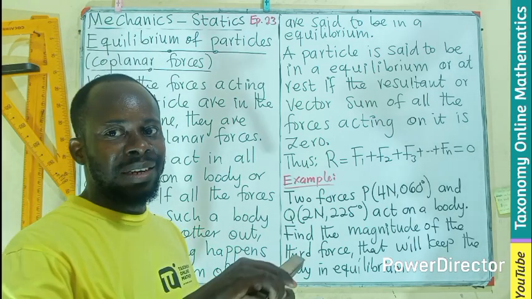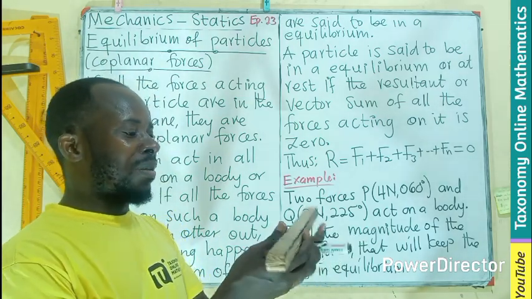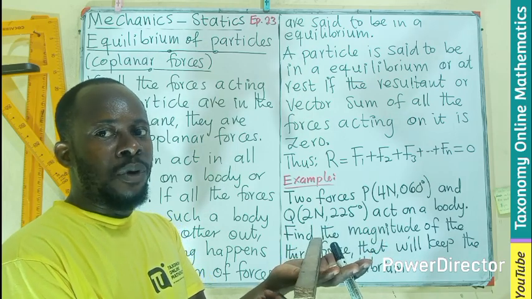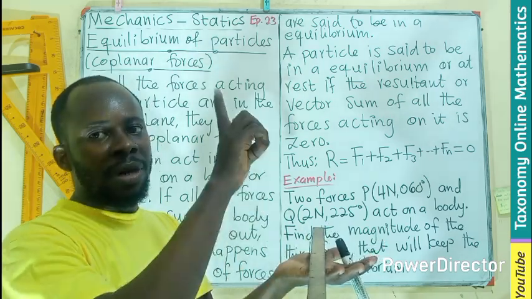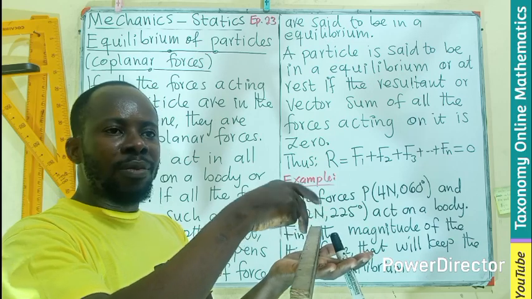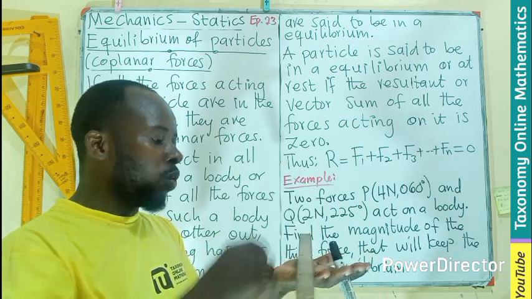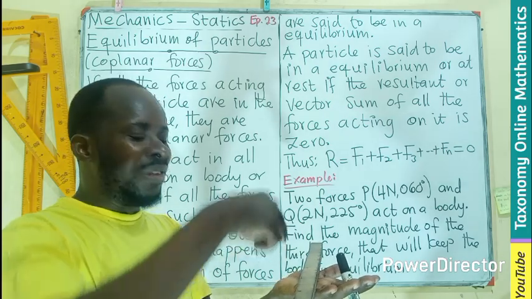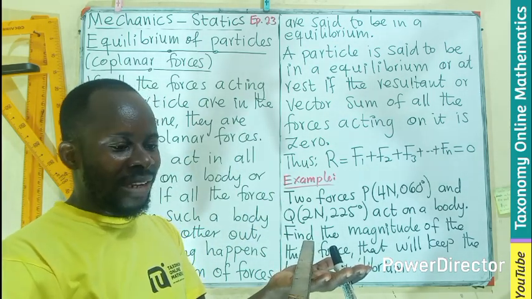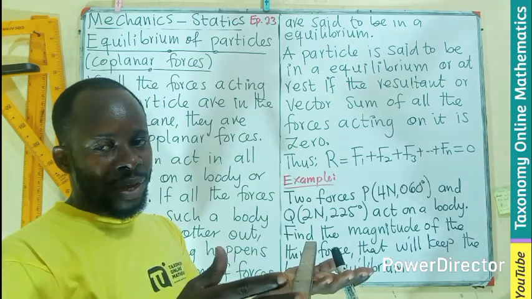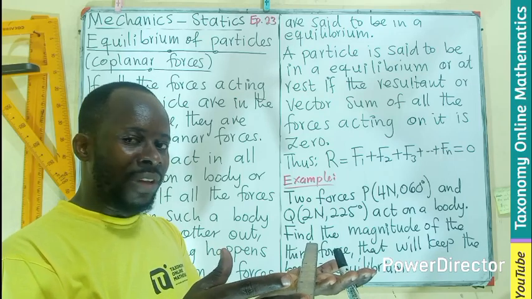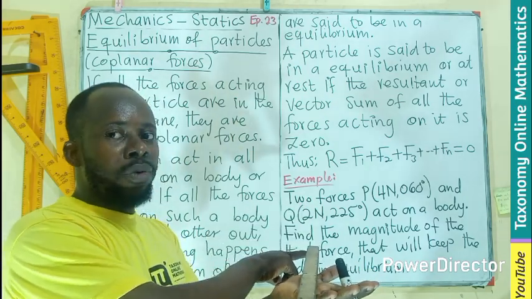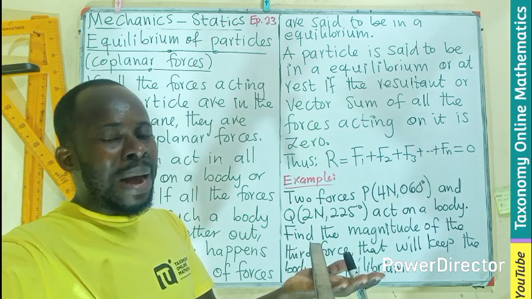So if this is on a surface, the surface exerts a force on this body, upward, the normal reaction. The object, which is the body, also exerts a force on the surface, which is the weight. Then if a small force is applied here, which would cause this body to shift to the right, there will be a frictional force that will push it backwards.